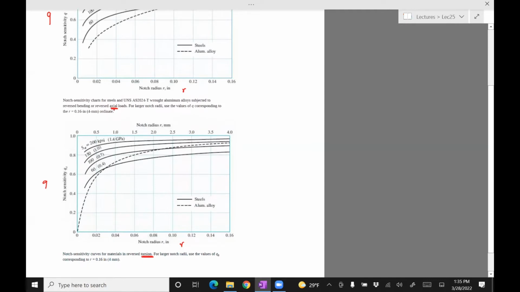I believe you also use the same one for bending too. So this is basically sigma dependence. This basically gives you tau dependence. This is Qs. This is Q. So this one will give you Kfs. This will give you Kf.